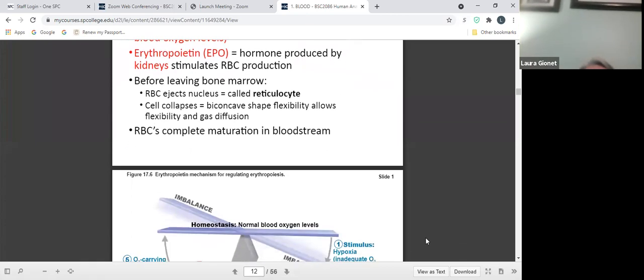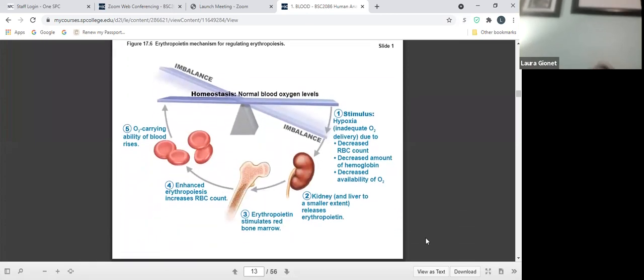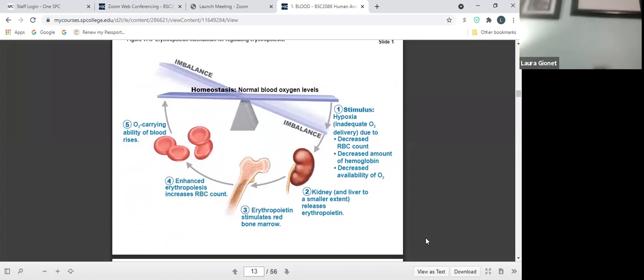So here it shows you the negative feedback loop for hematopoiesis. Start with low oxygen delivery, low oxygen levels, or hypoxia. It may be due to a decreased number of red blood cells. It could be that you have an adequate number of red blood cells, but they haven't matured correctly, or perhaps we're not producing enough of them, or perhaps the hemoglobin is faulty and not able to transport oxygen adequately.